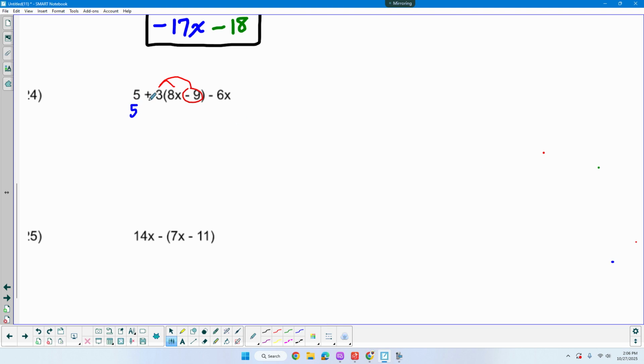I haven't done anything with that yet. I'm going to trade in this as 3 times 8x is 24x. I take 3 of these negative 9s. That's the same as subtracting 27. And then I haven't done anything with the minus 6x yet, so just bring that down.